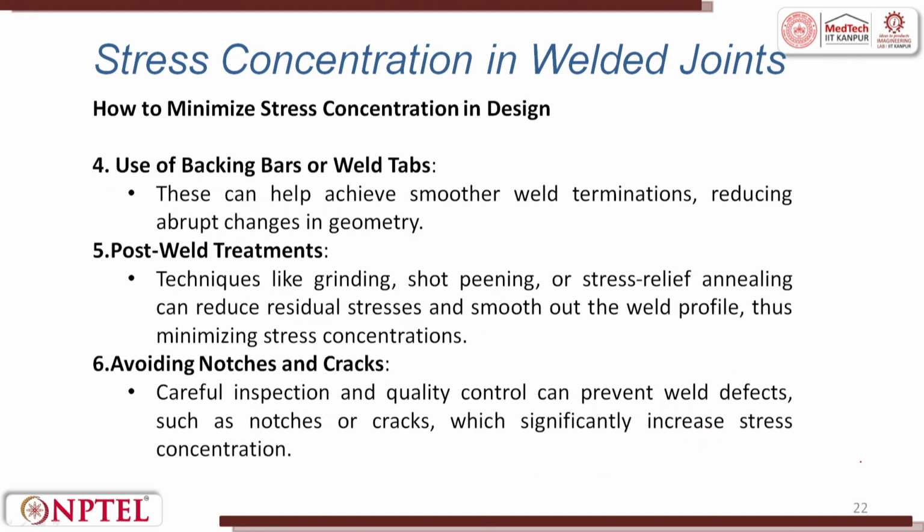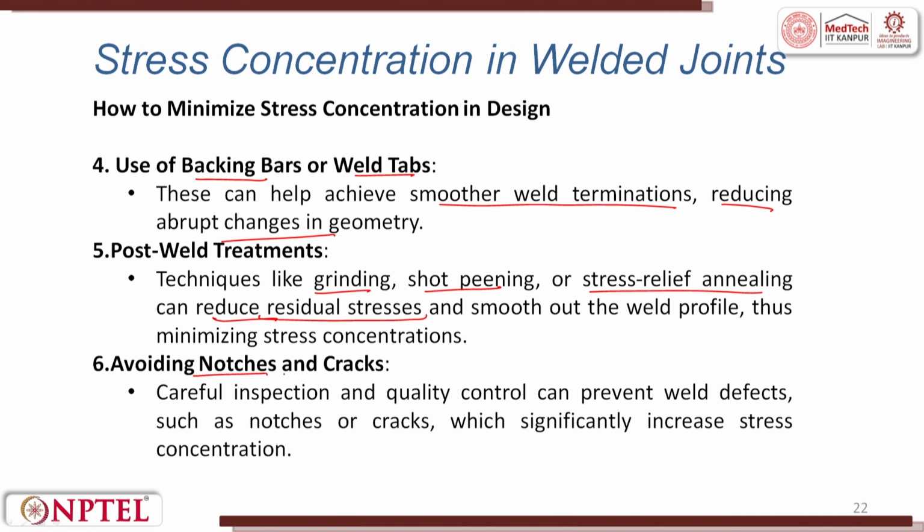Also, use of backing bars or weld tabs are there. These can help achieve smoother weld terminations, reducing abrupt changes in geometry. Post-weld treatments, techniques like grinding, shot peening, stress relief annealing can reduce residual stresses and smooth out the weld profile, thus minimizing the stress concentrations.